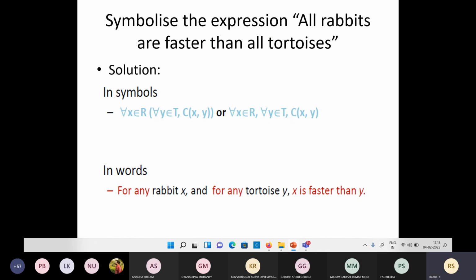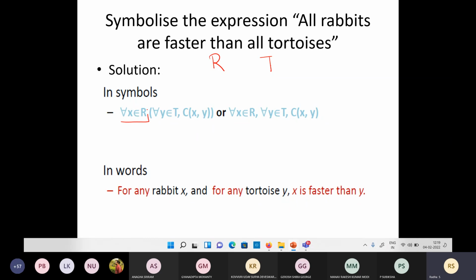Here is a very simple sentence: all rabbits are faster than all tortoises. Is this sentence clear? What universe of discourse have they taken here? Let R denote the set of all rabbits and T the set of all tortoises.